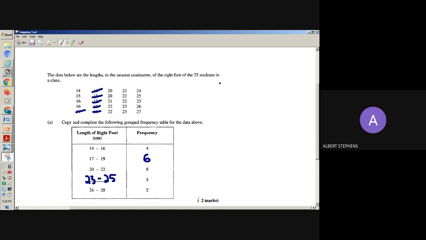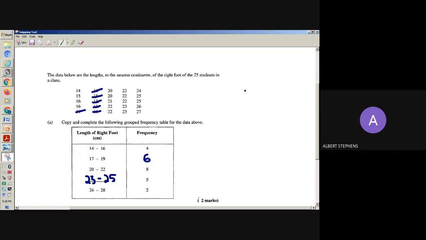Very good, because 8 is the highest value. In other words, 8 students' feet measure 20 to 22 centimeters. So that's the most popular length of students' right foot in this experiment.